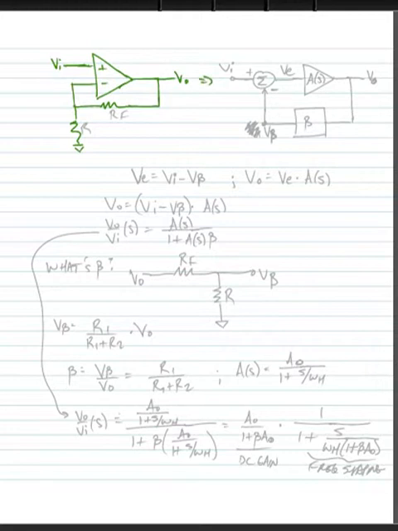And we can treat this like a negative feedback system, just a single loop, first order negative feedback system, where we have a summation feeding into our gain stage that has some finite gain, A of S. And then we have a general block, beta, that represents the feedback in the system.